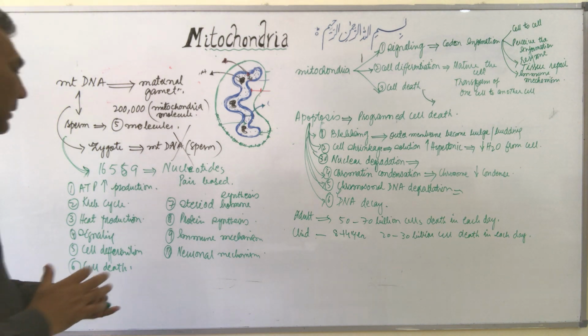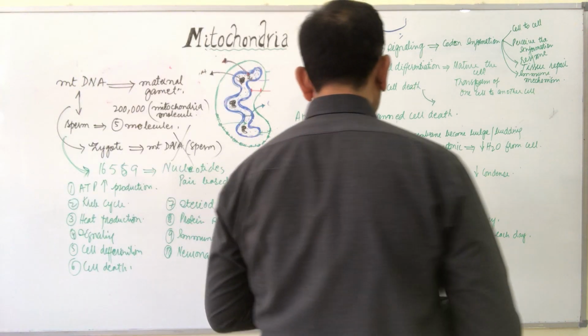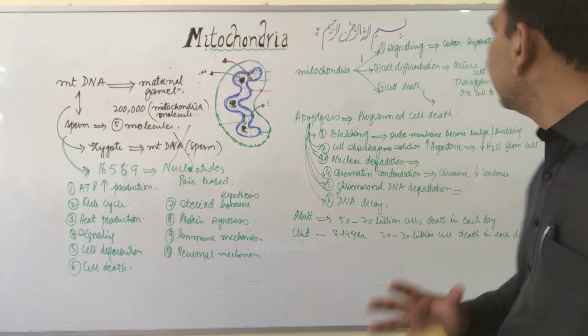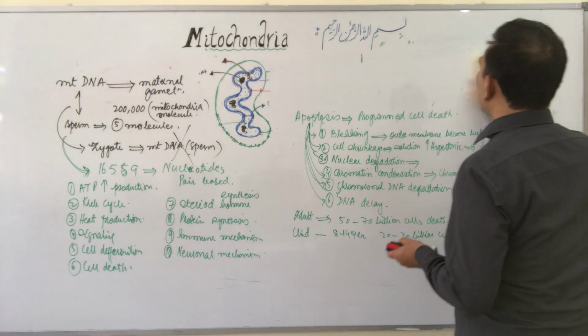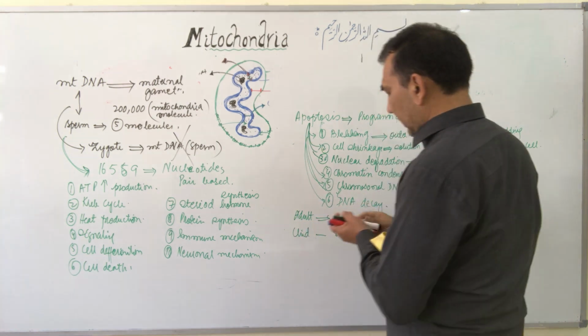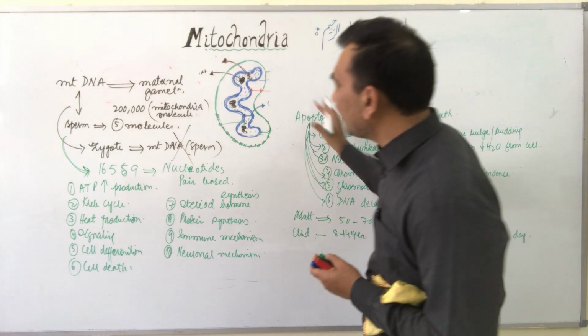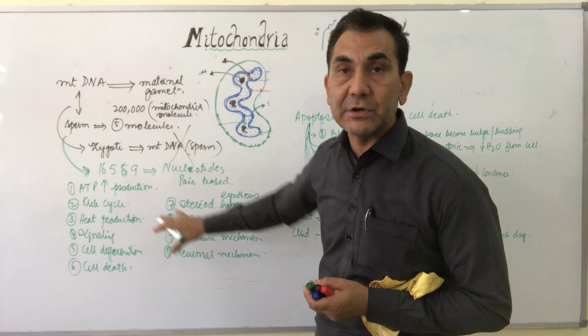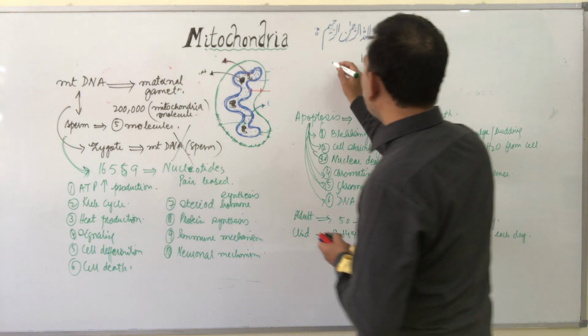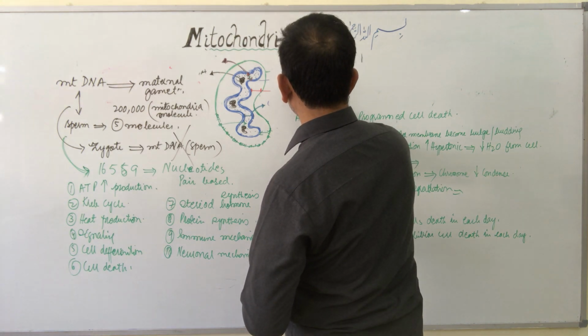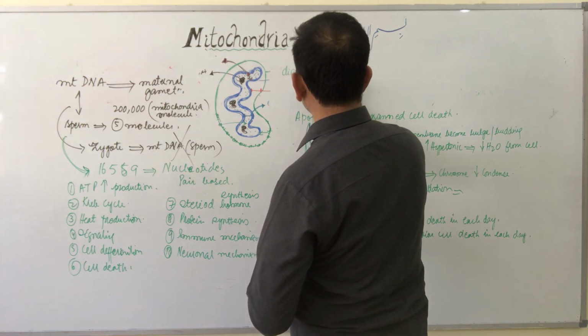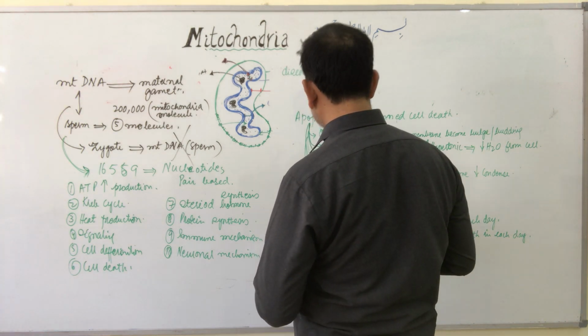So what are the clinical diseases which happen if the mechanism of the mitochondria becomes dysfunctional or disturbed? The first one is mostly cancer.